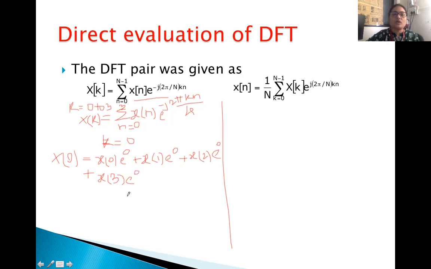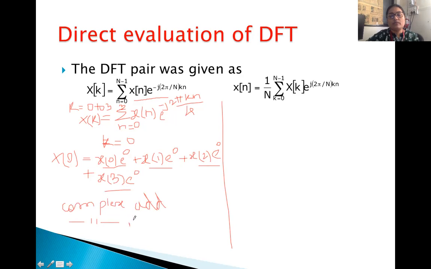Now let us count how many complex multiplications are required. If you count here, this is 1, 2, 3, and 4. So I can write here for 1 point computation. Now listen, for 1 point computation, how many complex additions and how many complex multiplications are required?